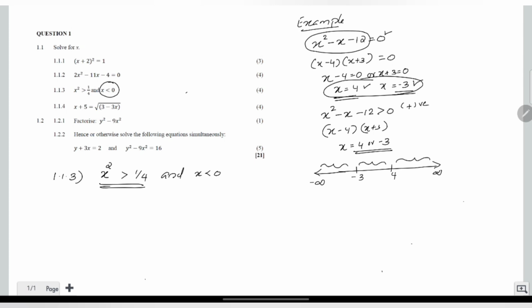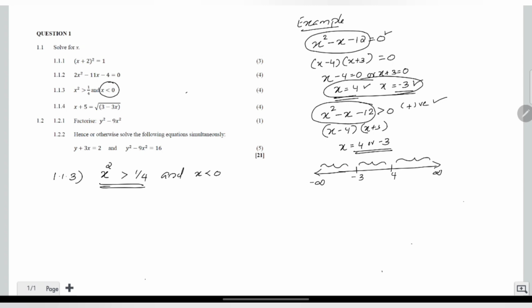So when you do inequality questions, at the end you will get a set of values, a group of values. You have to look for the group of values which will make this one positive. Actually what you're supposed to do is select one number from each section, substitute here and check the sign.